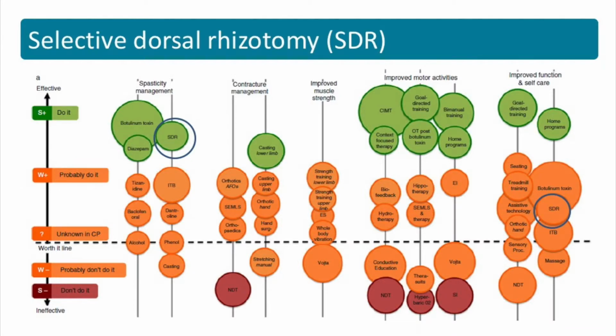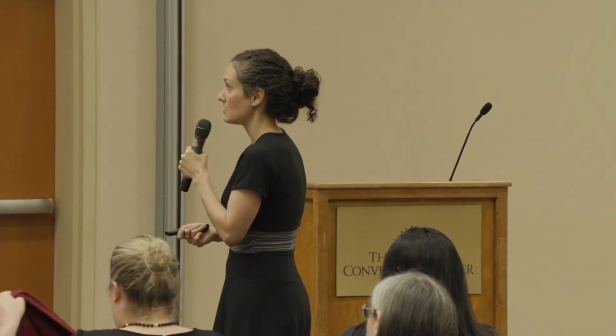We're pretty confident in that. It maybe improves function in self-care. Most of the studies on SDR are actually on gait biomechanics, which it improves. There's some new research on motor control. It doesn't improve motor control over time, we now know. And that's based out of the gait biomechanics lab at University of Washington.